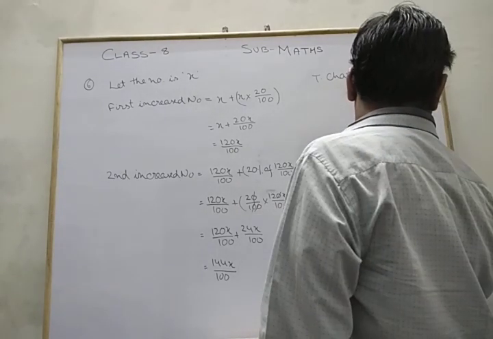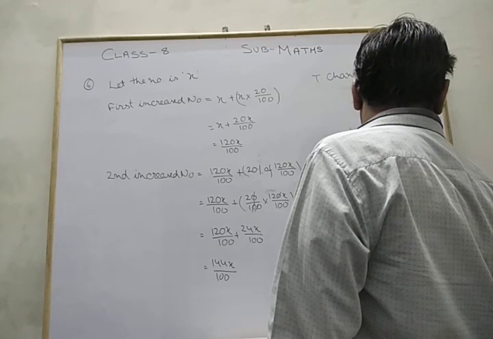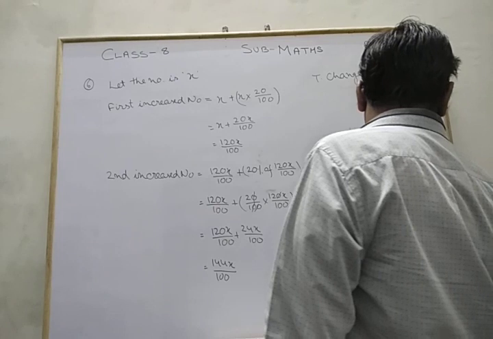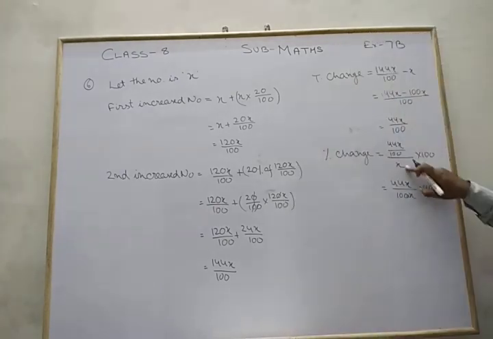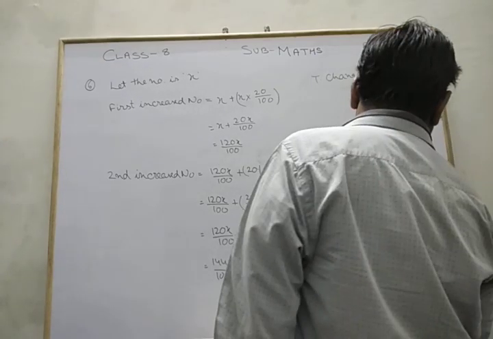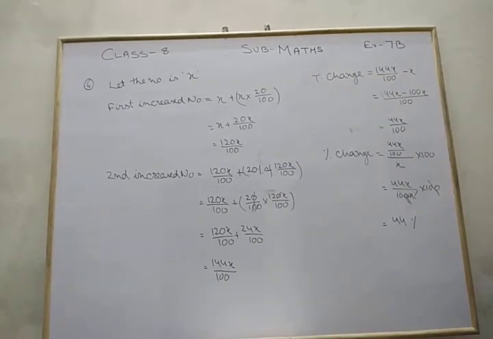So you can write down 44x upon 100x into 100. 44x upon 100 into this x into 100. This x, this 100 cancels each other, x cancels each other. Ultimately what we have? We have 44%. This is the solution of question number 6.